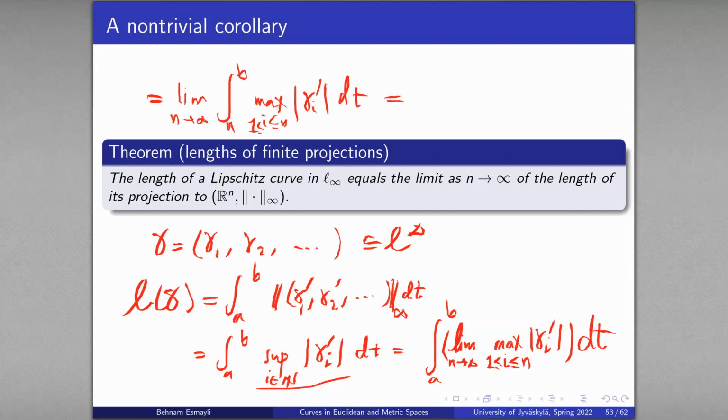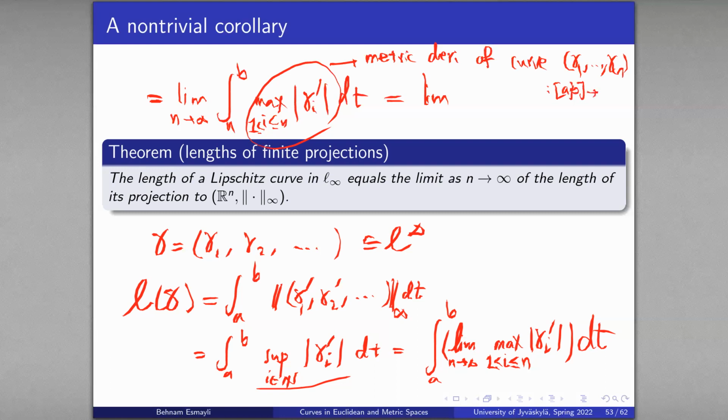But this is nothing other than the, okay, this one is the metric derivative of the curve gamma 1 until gamma n, which goes from [a,b] into R^n equipped with the L infinity norm. Just you truncated it.